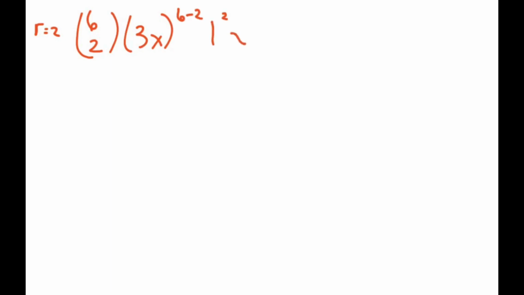So we're going to have, in the first part, 6 choose 2. My r is 2. So 6 choose 2 times 3x to the 6 minus 2 times 1 squared times x. All right, and then we have minus 6 choose 1, 3x.